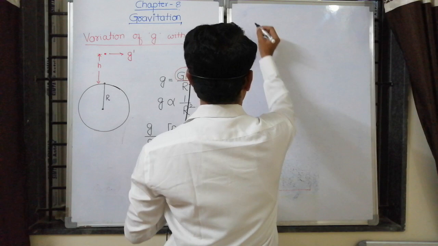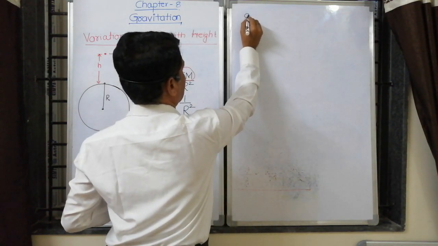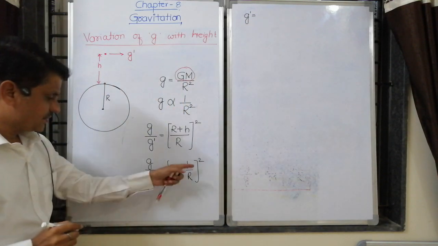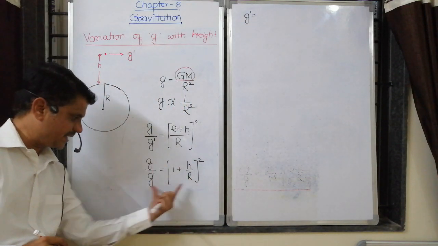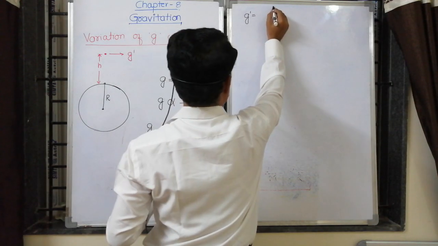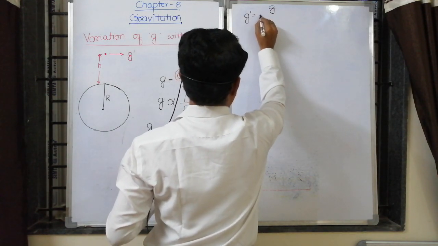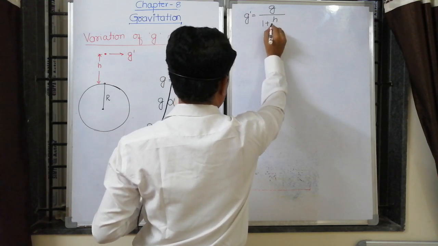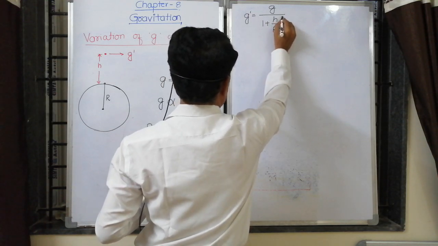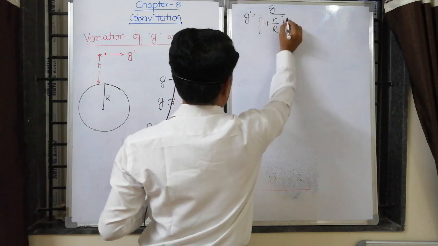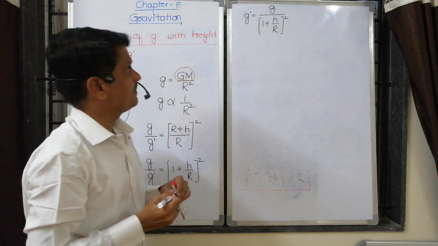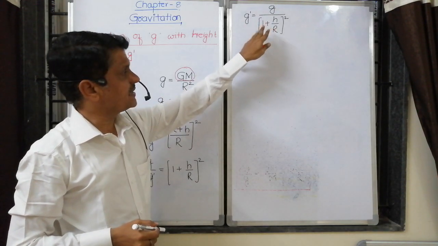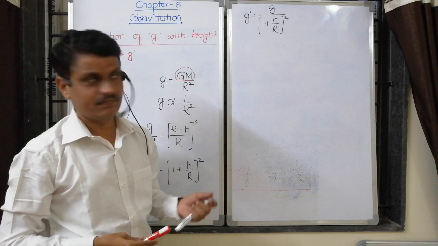So I am interested in g dash. Therefore, g dash can be written as, take this g dash that side, g whole divided by 1 plus h by r whole square. This is the main expression for g at a height h, or I can say it's the original expression.